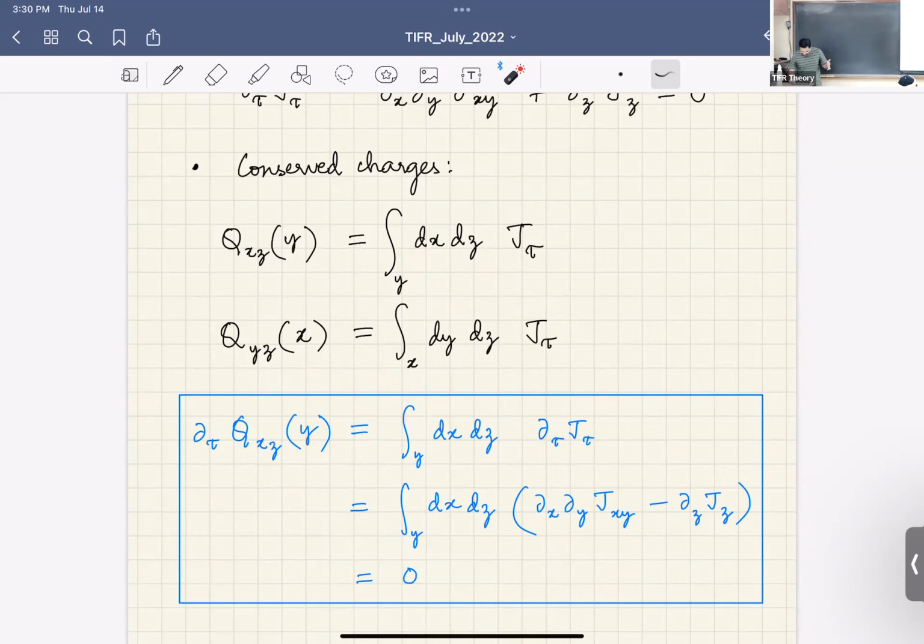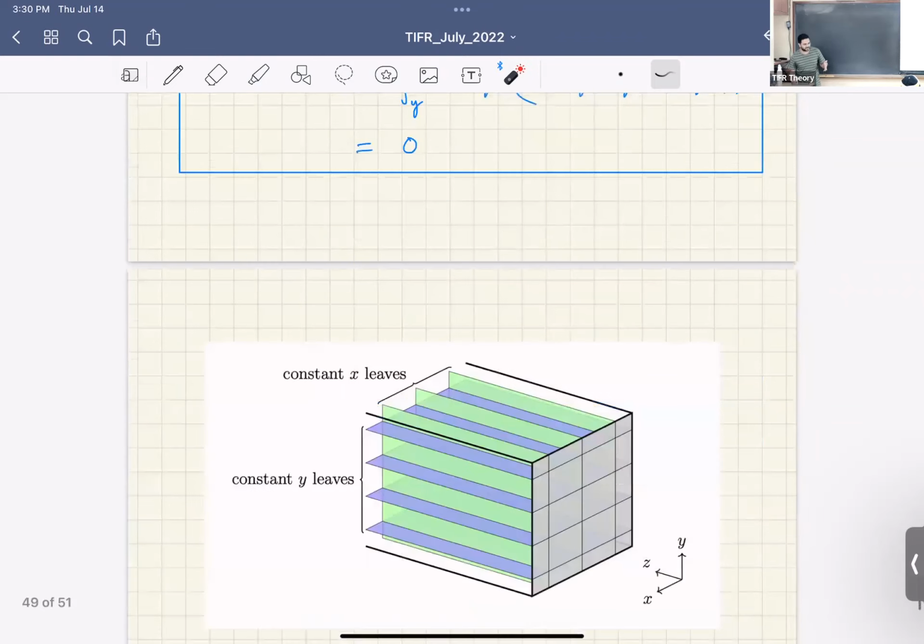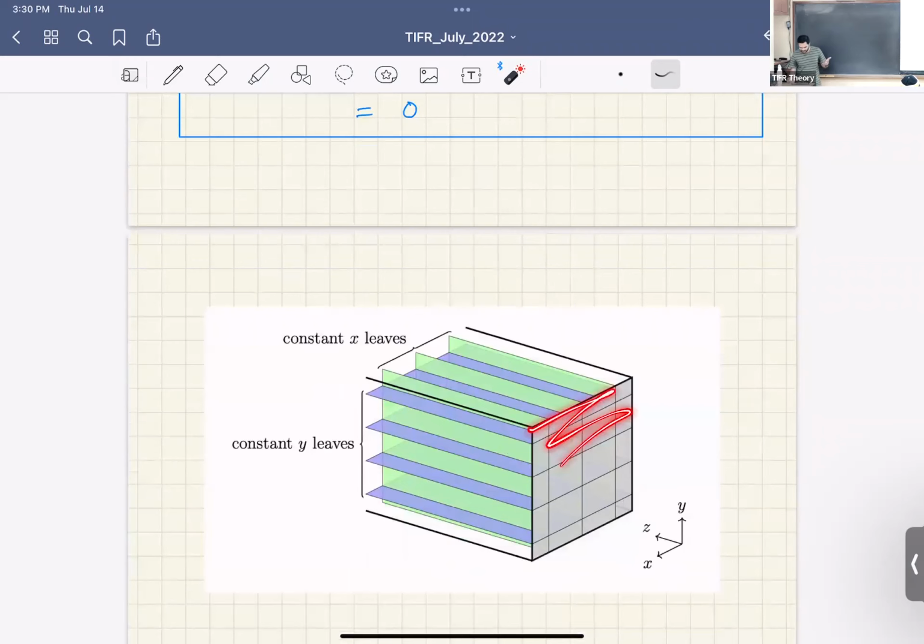In general, the structure looks like this. Let's say this is your boundary, the xy plane, z equals 0. There was a subsystem symmetry for each x and each y on the boundary, and that extends to these leaves, to these planes in the bulk. And there are only two kinds of planes, at constant x and constant y. There's nothing at constant z. That's why it's called a 2-foliated SSPT.